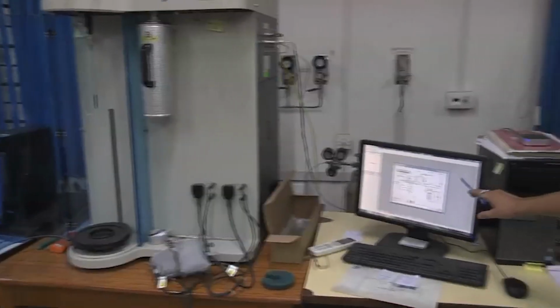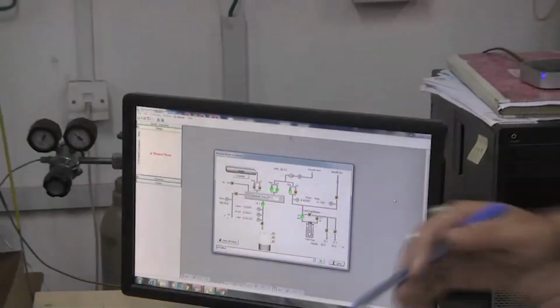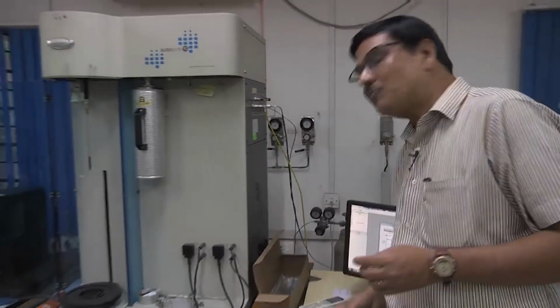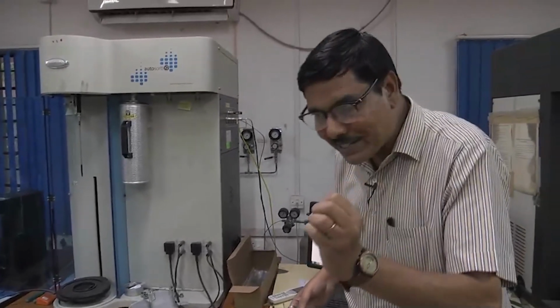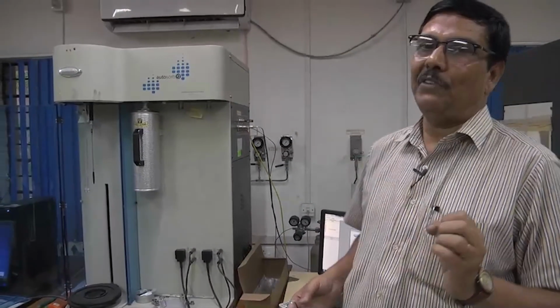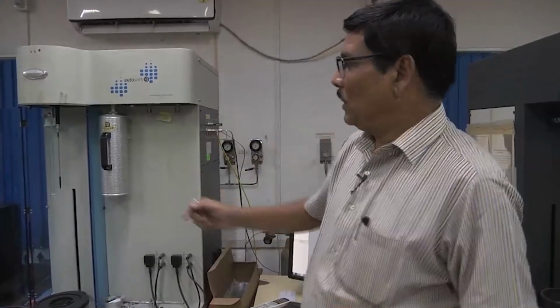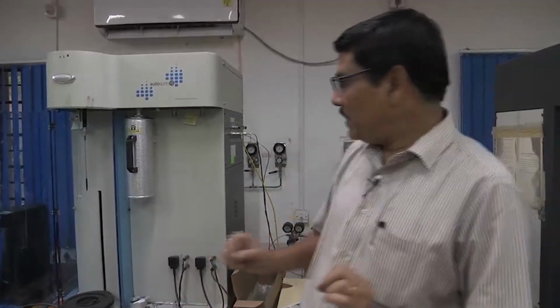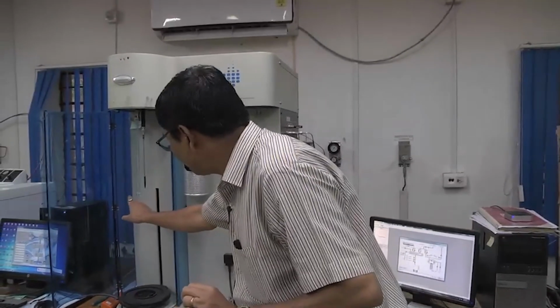These are the 2 degassing stations, 1 and 2. It measures the adsorption of the adsorbed gas, if it is nitrogen, at various relative pressures, meaning P by P0. That P0 is constant here, maybe 760 mm of Hg, and P is the sample cell pressure.